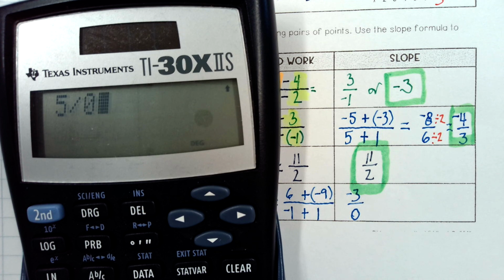How many times will 0 go into 5? If you have a box and you want to fill it up with nothing, how much nothing can you fill in a box? An infinite amount, right? But if it's negative, can you do a negative infinite amount? See? Dividing by 0 is messy. There is no possible way to do it.